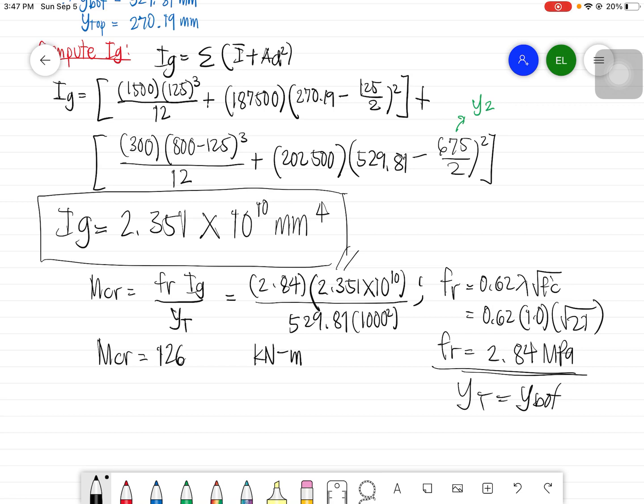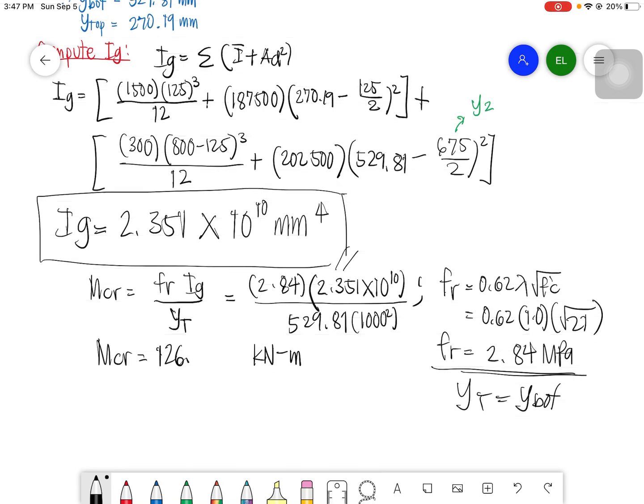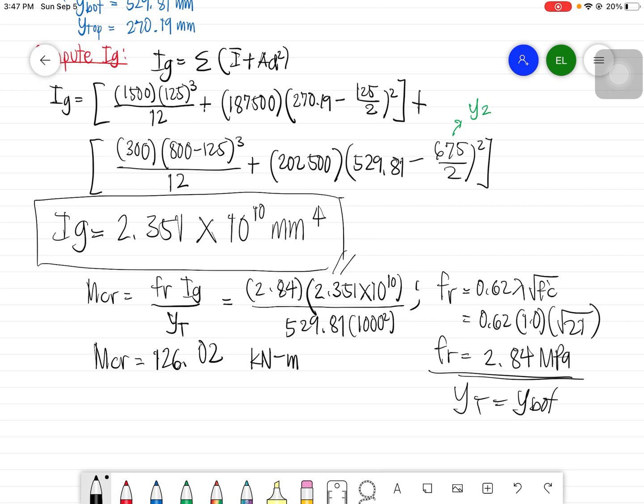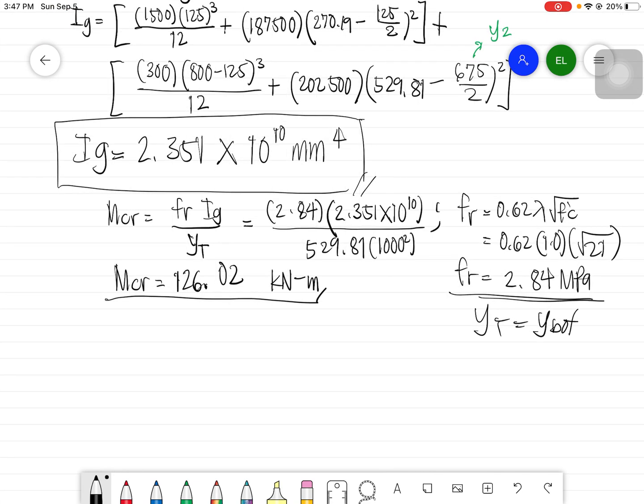Now this is 126.02. This is the value of our Mcr, which is greater than our M, which is 108.5 kilonewton meter. So therefore we have proved that the beam is uncracked.